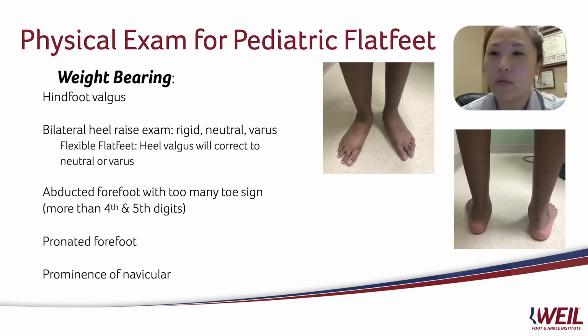We also look for whether you have a rigid flat foot or a neutral or varus flat foot in terms of your flexibility, by having you go up on your toes and seeing where your heel is standing. We also look at where your toes are from the back of your heel to see how much of your forefoot, which is more of your toes and your midfoot, is going out compared to the back of your foot. We also look at if there is a prominent navicular as well.